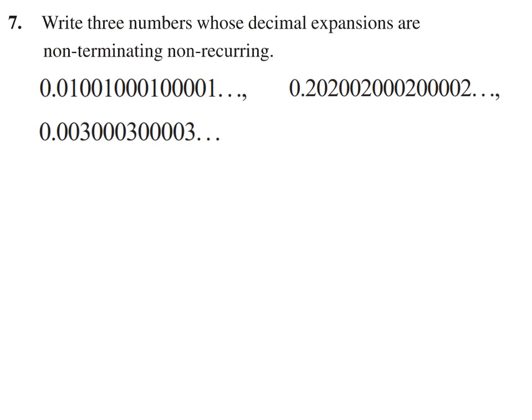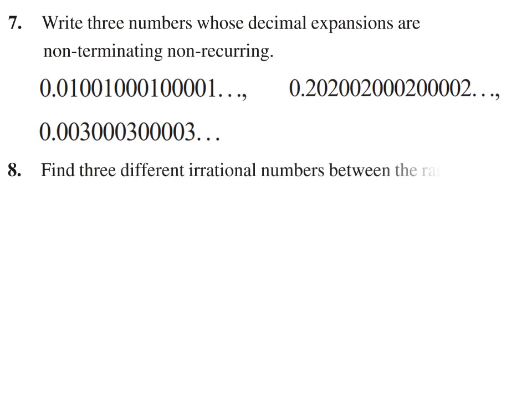Now the next question: find three different irrational numbers between the rational numbers 5 by 7 and 9 by 11. So we have to find the decimal expansions of 5 by 7 and 9 by 11.